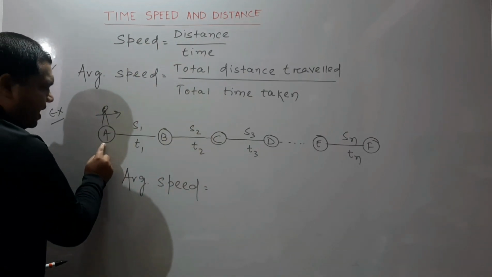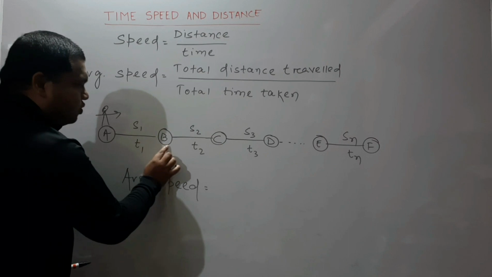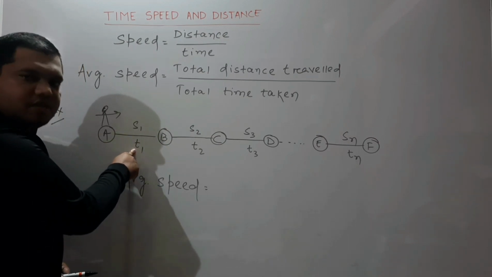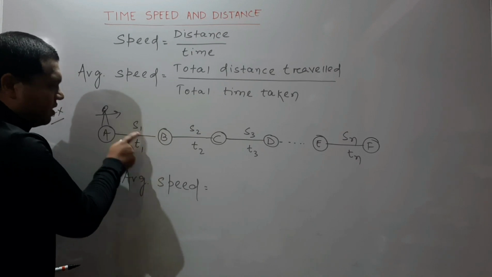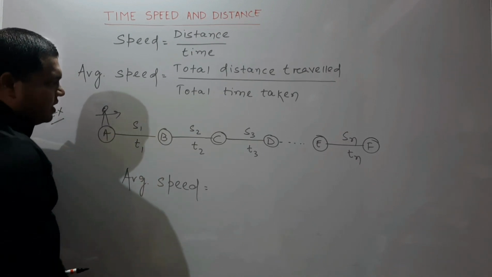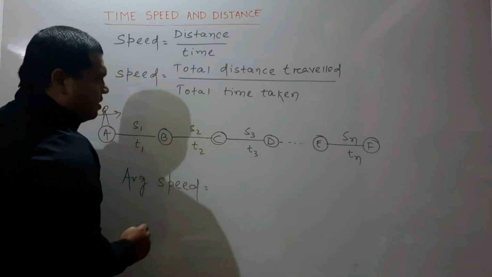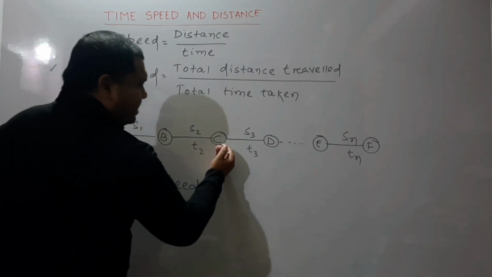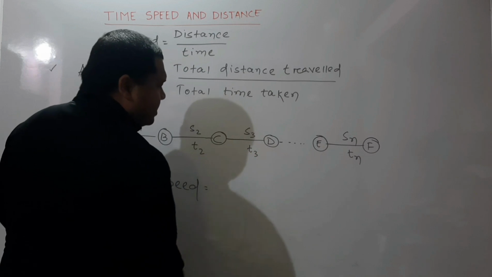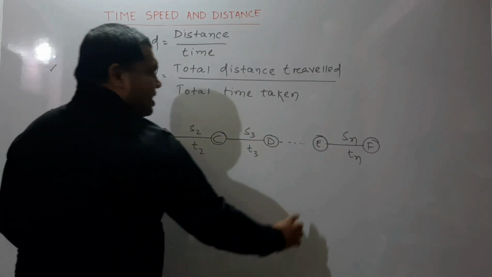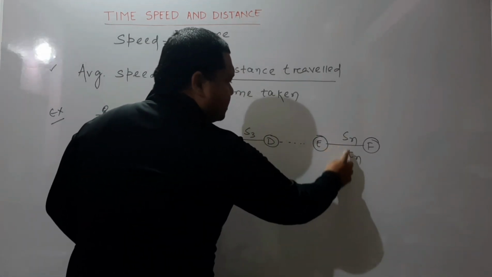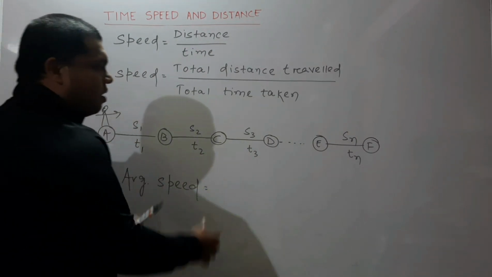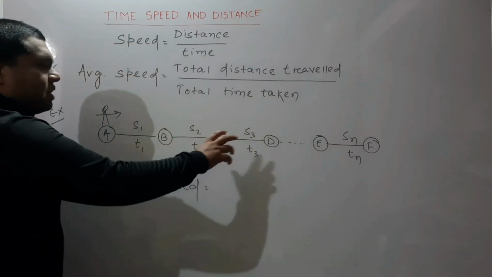From position A to position B, your speed is S1 and time taken is T1. So distance is S1 into T1. Similarly from B to C, your distance is S2 into T2. From C to D, your distance is S3 into T3. Similarly from E to F, your distance is Sn into Tn. And if you take the sum of all, then you can find the total distance.